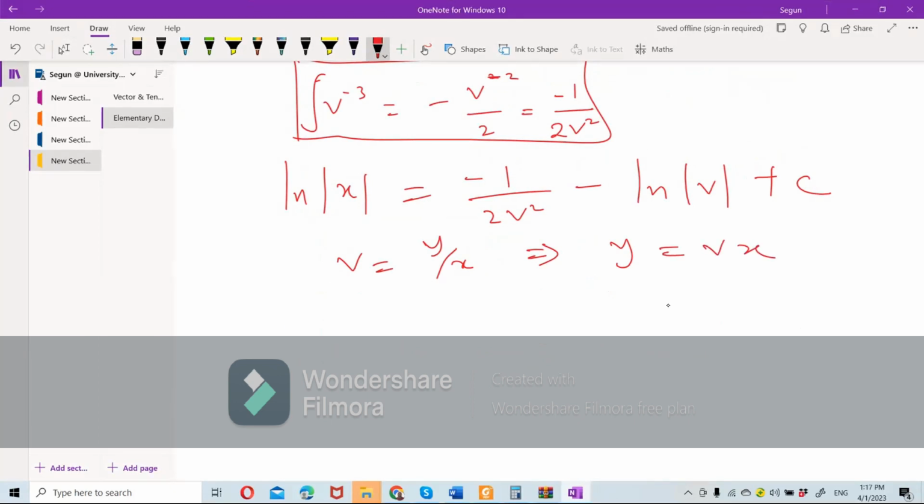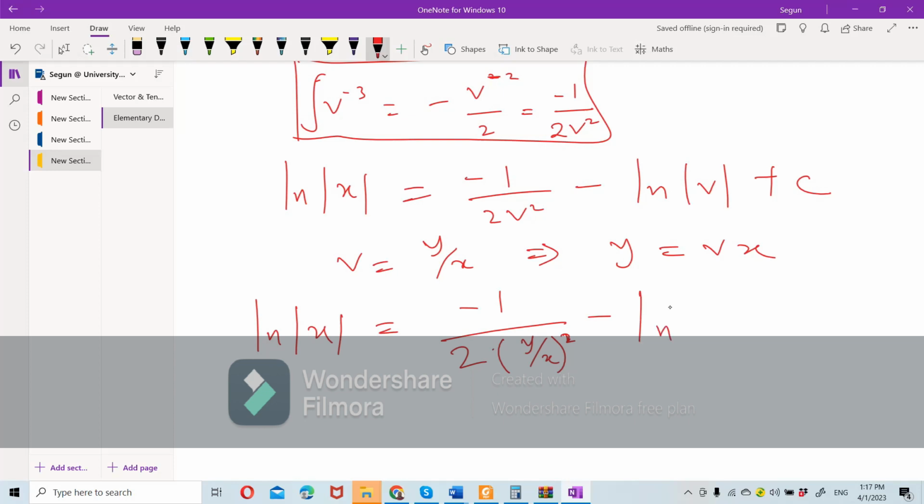So I can substitute it. I don't have any problem with ln x, it is still ln x equals to negative 1 all over 2 times y over x all squared minus ln absolute value of y over x plus c.